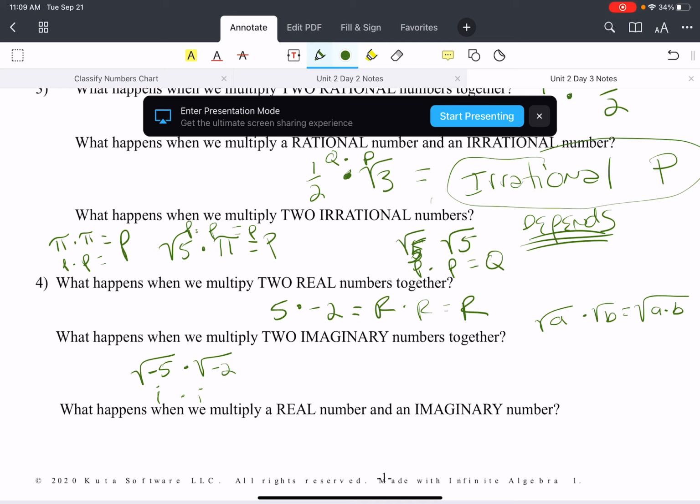Yeah. But using our rule from last time, what happens when I do negative 5 times negative 2? What do you guys think? Negative 10?